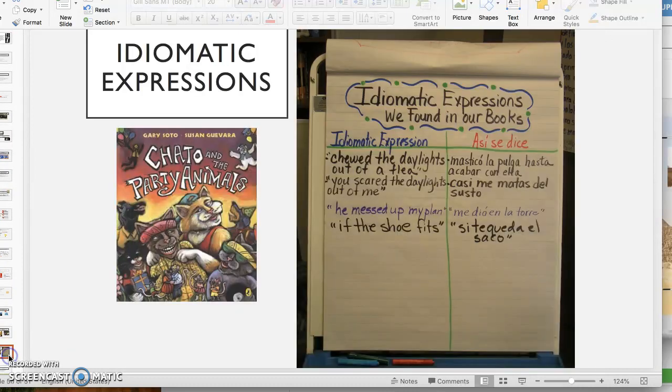So again, these are tools that we give to our students, and we help them think about how you would say something in a different language so that students become more resourceful users of both languages when they're in school. So again, it makes them better readers and writers.